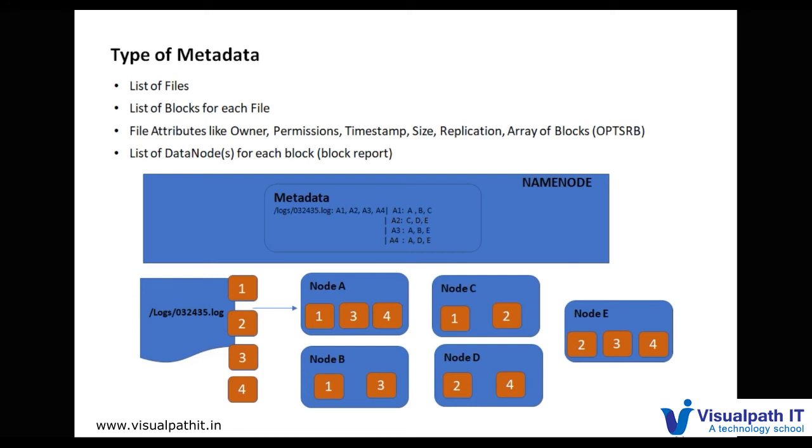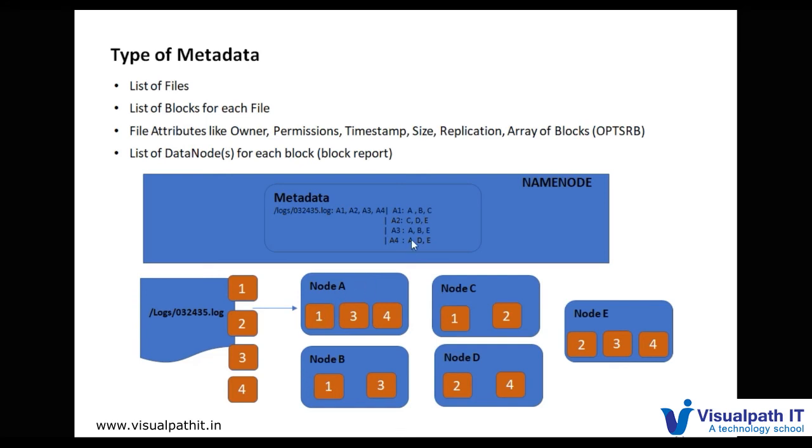That is called the types of metadata. You can see it here, name node metadata: file name, block numbers, block 1, block 2, and where the blocks are available in the data nodes, A, B, C, and so on.